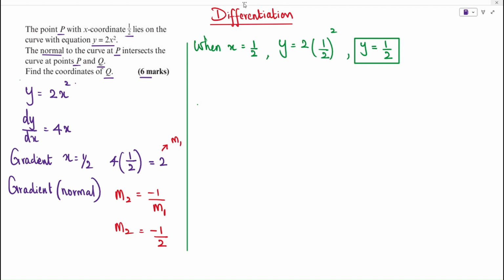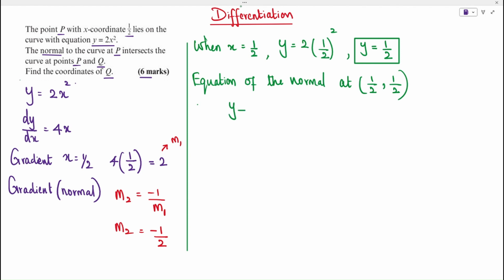Now we're going to find the equation of our normal, and we're going to use the formula y minus y1 equals m times x minus x1.